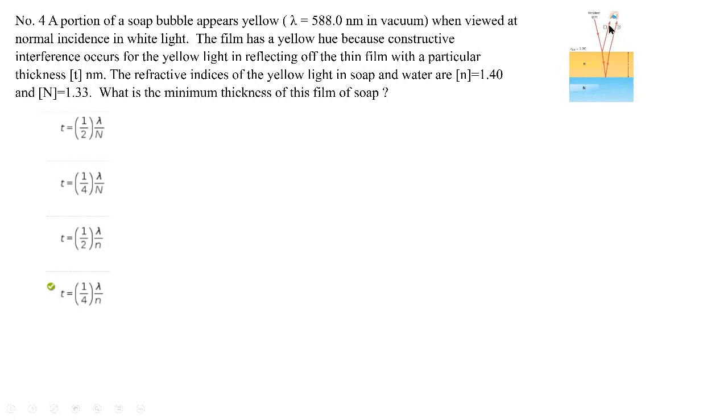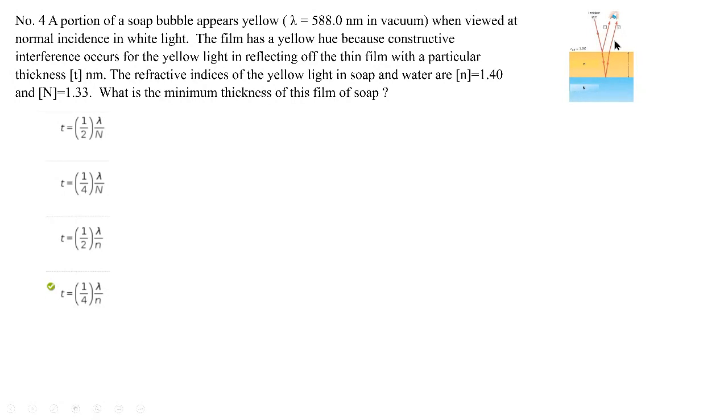And now we have to be careful about the interference between light wave 1 and light wave 2. Okay? Now when they say that there is a yellow hue, this question is just saying that the reason it can be a yellow hue is because there is constructive interference for yellow, for the light of yellow wavelength.